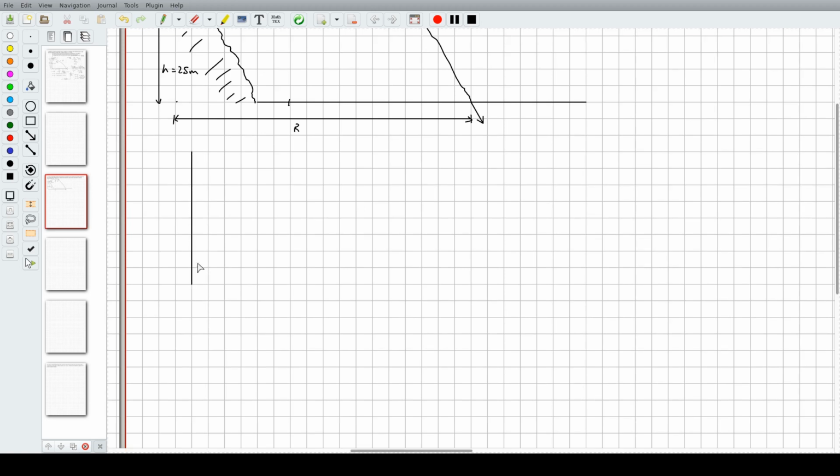Part 1. Going up to the peak like that, where we have a final velocity of 0. This is just part 1. We're going to have to break our velocity up into pieces.